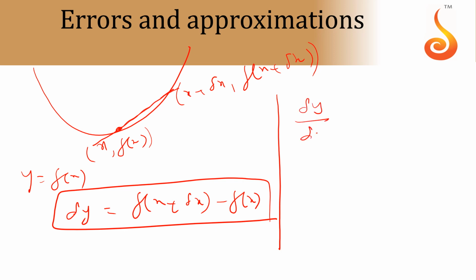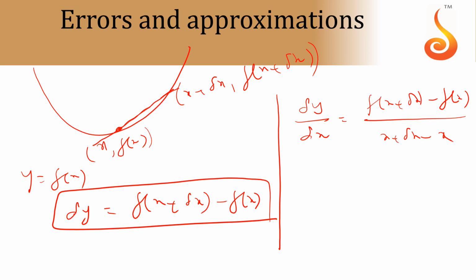Difference in y coordinates by difference in x coordinates is what? F of x plus dou x minus f of x by x plus dou x minus x. So that is exactly what error, dou x gets cancelled, dou y you are getting.